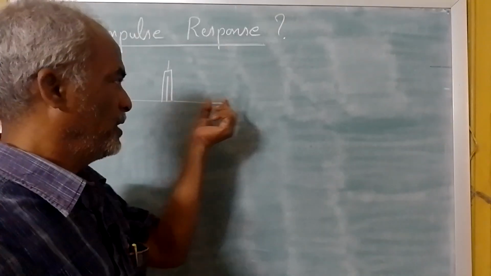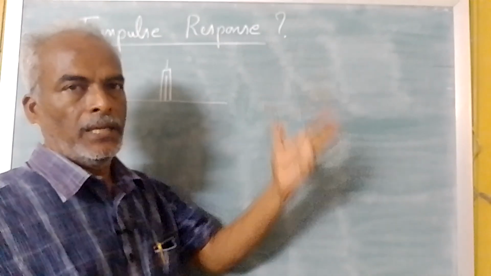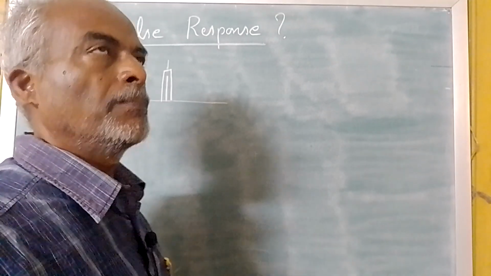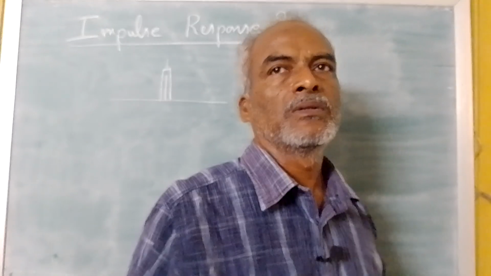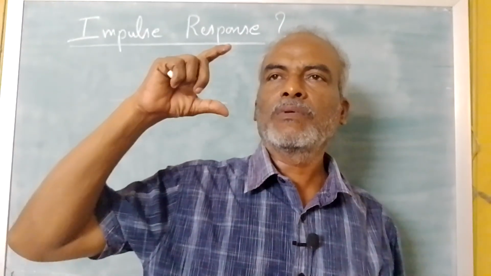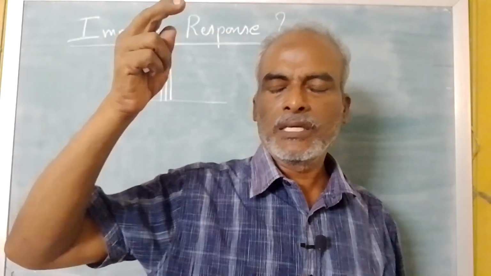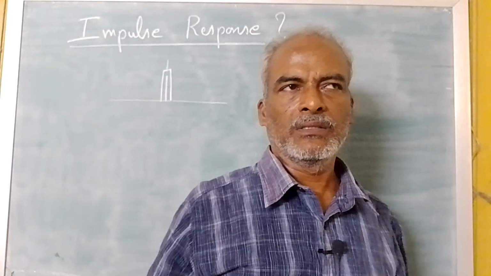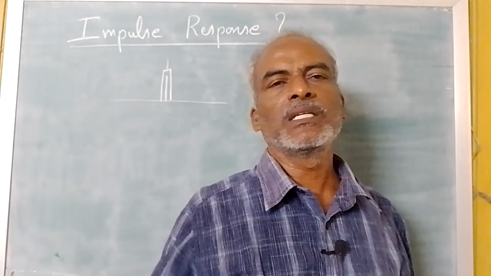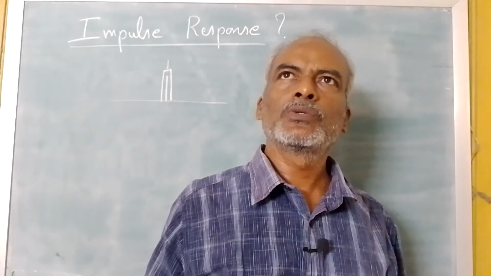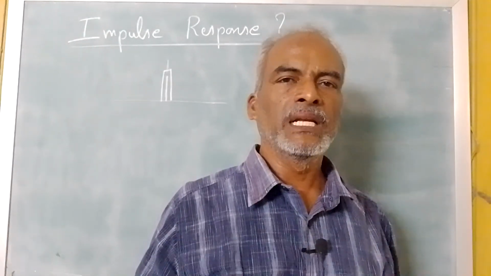As t tends to 0, you will get an impulse. The important thing about an impulse is that within no time we have some amplitude of the signal, and it comes down the next moment. So defining the signal itself is very difficult in the practical sense, so we will go for the ideal case.